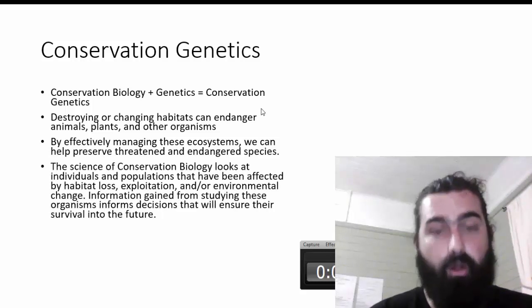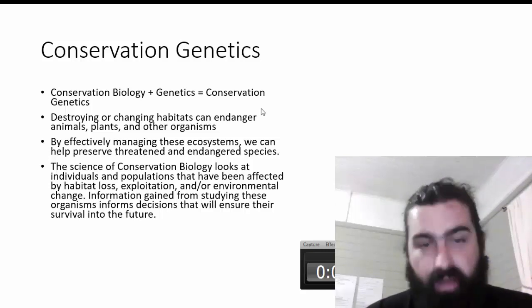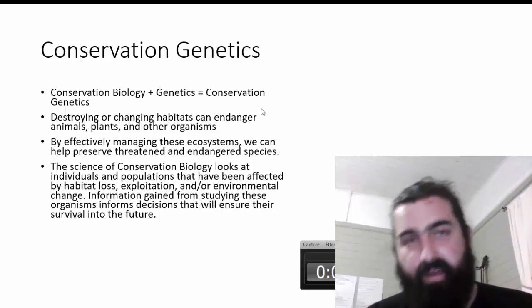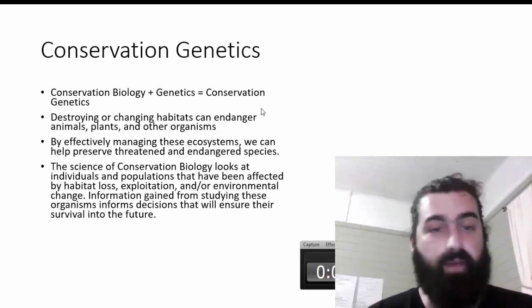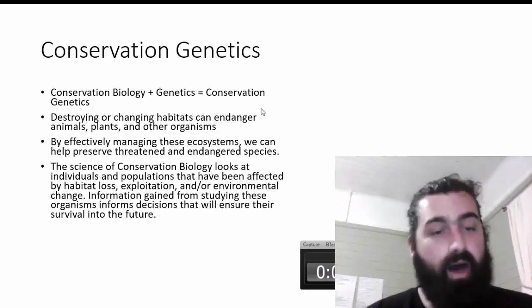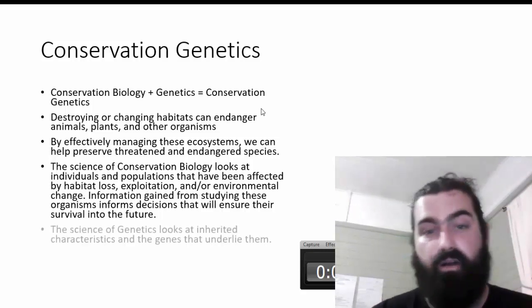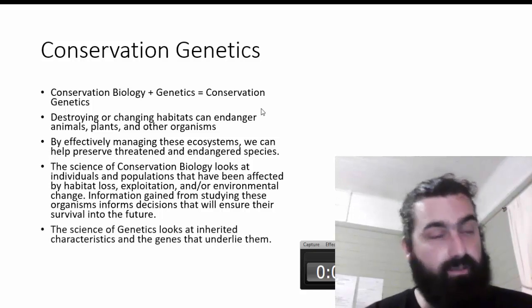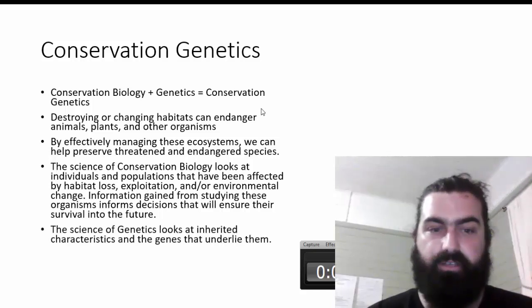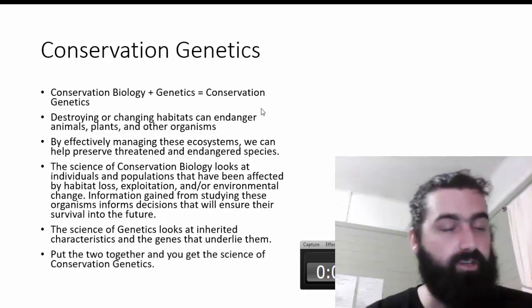Basically, conservation biology is all about looking at populations of organisms, how they've been affected by various factors, be it people or environment change or weather or whatever, and learn a little bit about them. So that's conservation biology. And if you tee that up with genetics, which is looking at inherited characteristics, which we're all familiar with, and put them together, you get conservation genetics.